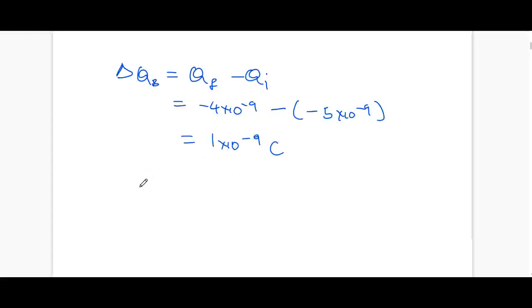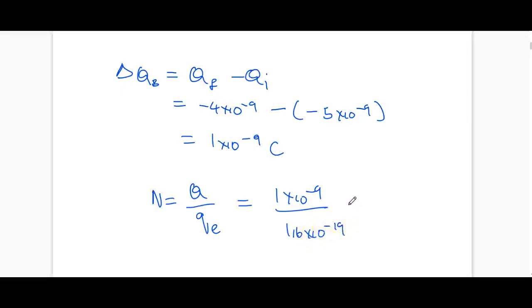So now we say N is equal to Q divided by Qe. So 1 times 10 to the power -9 divided by 1.6 times 10 to the power -19.